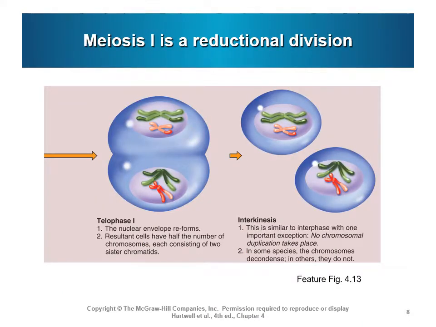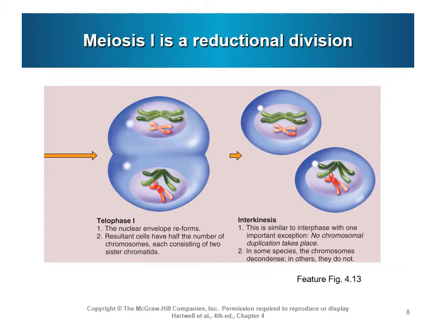So we have to remember that meiosis I is a reductional division, and during telophase I, the nuclear envelope is reforming, and the result is that cells have half the number of chromosomes, each one consisting of two sister chromatids.